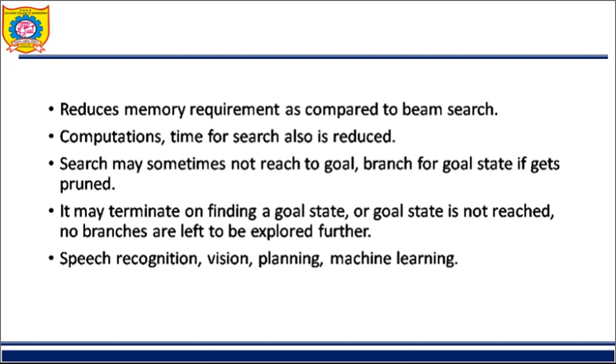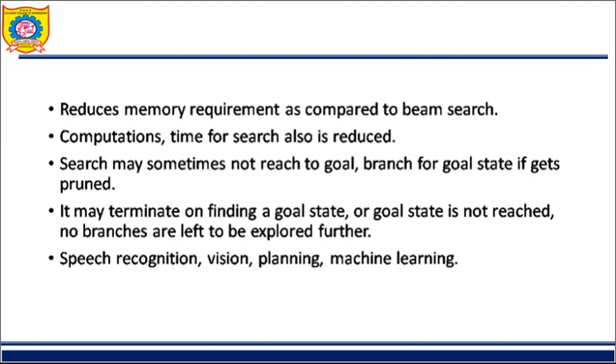But what is the drawback of this search? Sometimes what can happen is my goal state may not be reached, because that particular branch which had the goal state may get pruned.